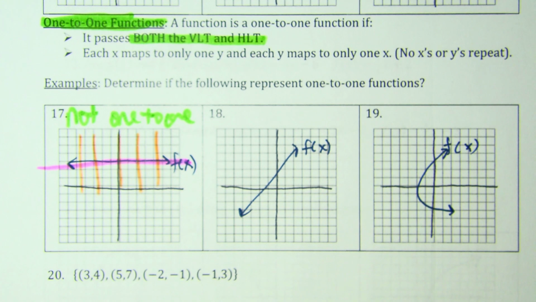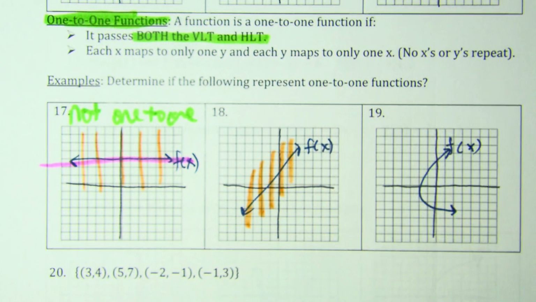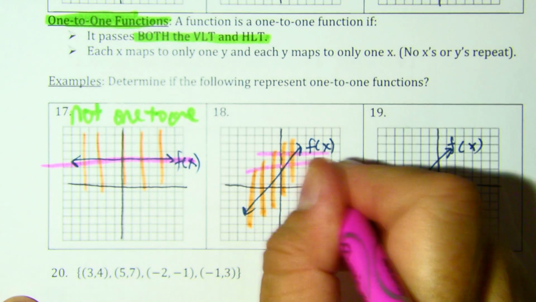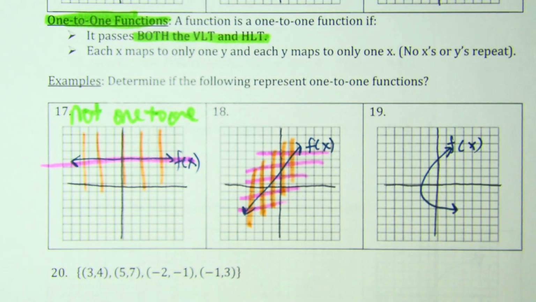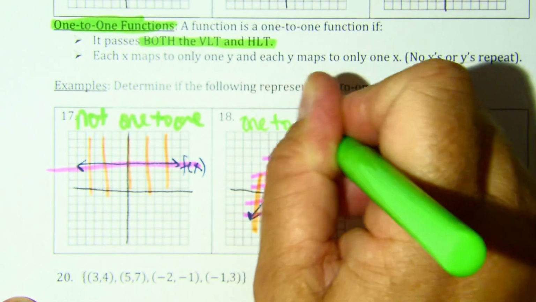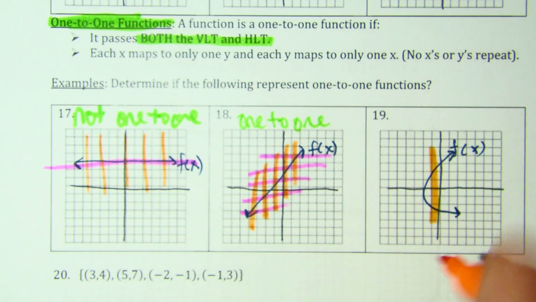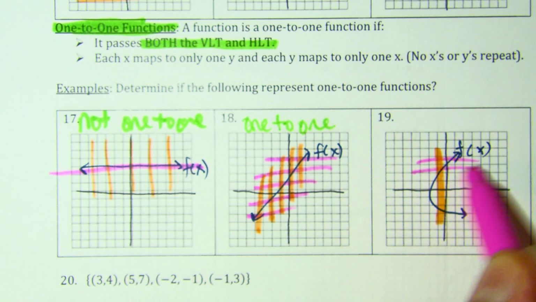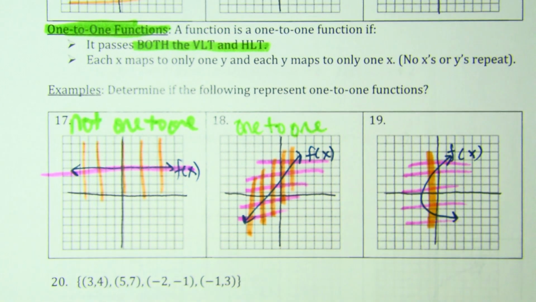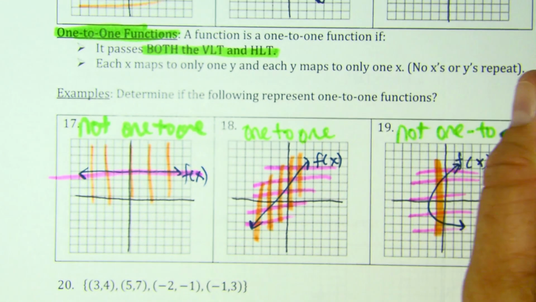The next one passes the vertical line test, passes the horizontal line test, so it is one-to-one. And this last one fails the vertical line test. I don't even need to check the horizontal line test, although it does pass it, so it's not one-to-one.